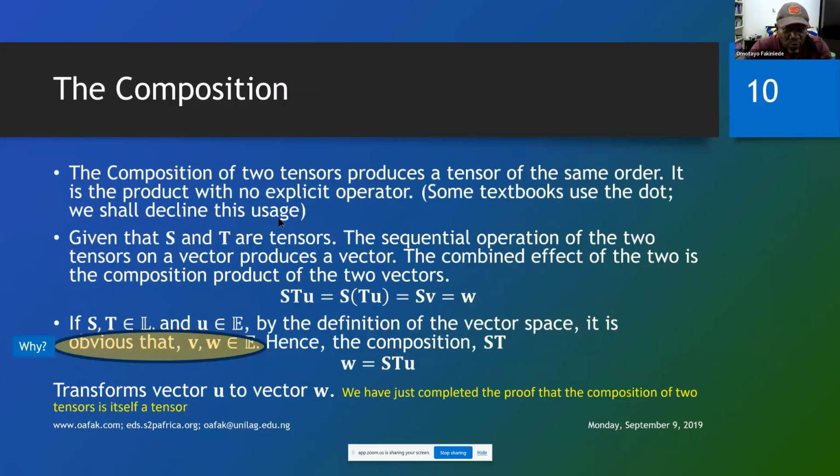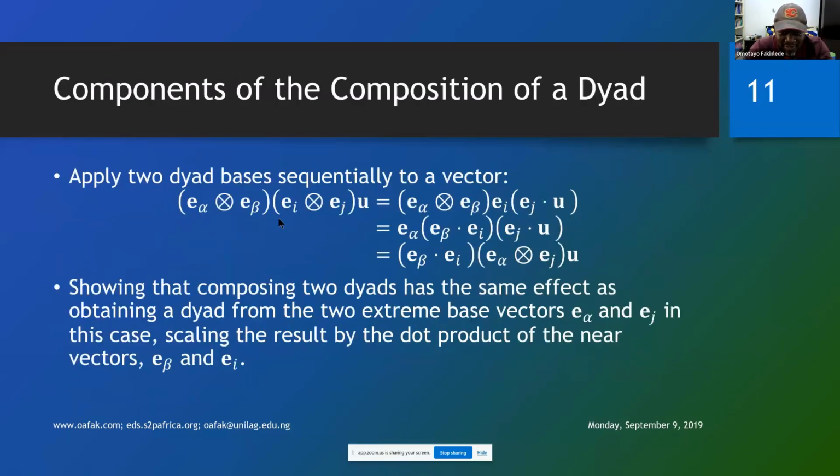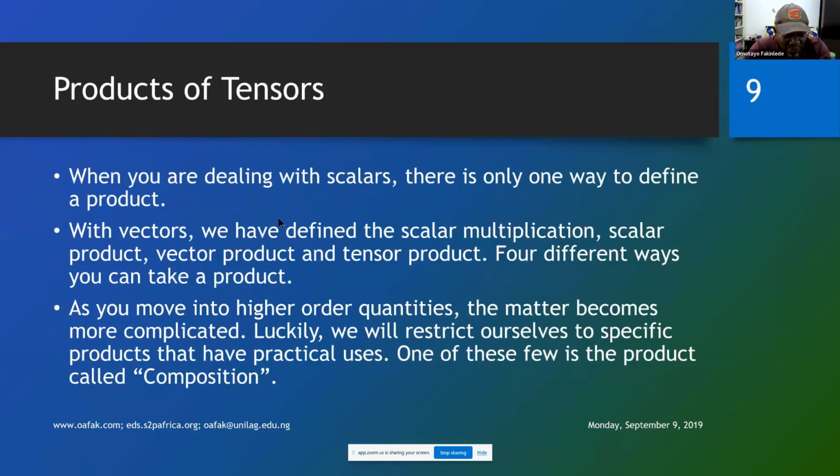As we move on, we are restricting ourselves to specific products that have practical uses. One of the few that we will consider is called composition, and we've already seen it. So we can only talk about it a little bit more.